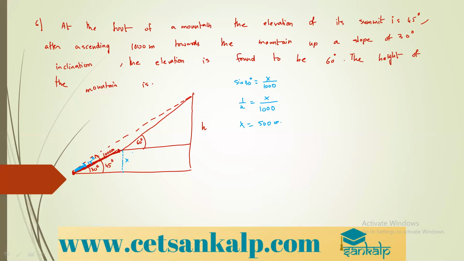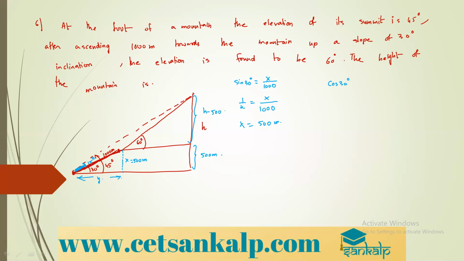Now I can say, if x is 500 meters, this will be also 500 meters. Isn't it? This distance which I am writing will be 500 meters. And now this upper part will be h minus 500 meters. So now I will take same triangle cos 30 degrees. So this I will take as y.